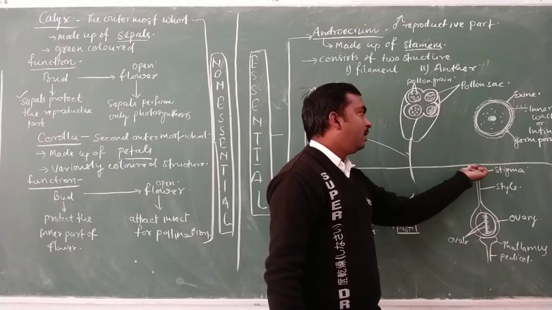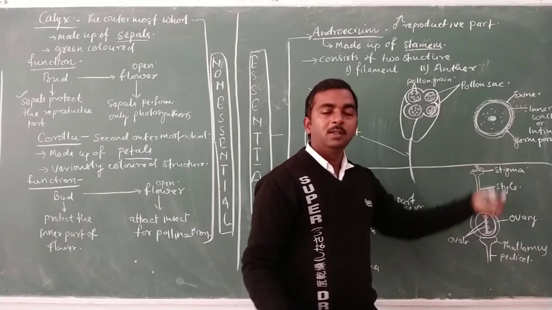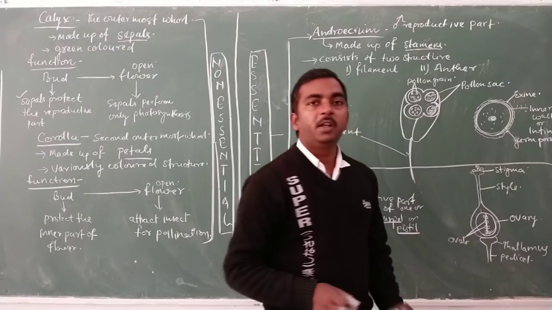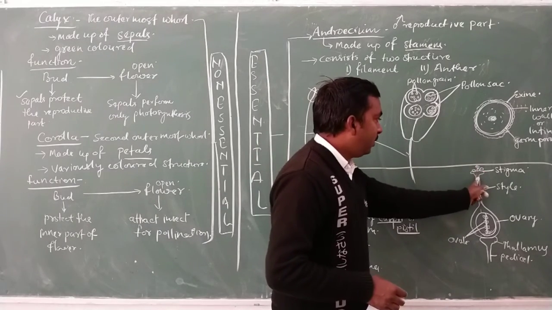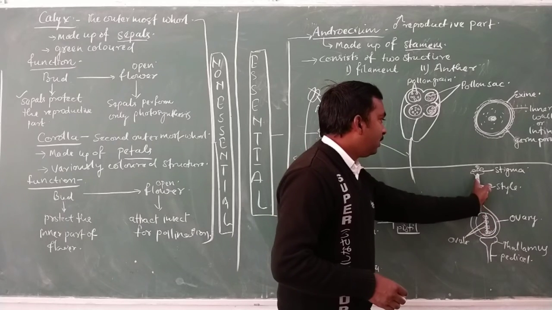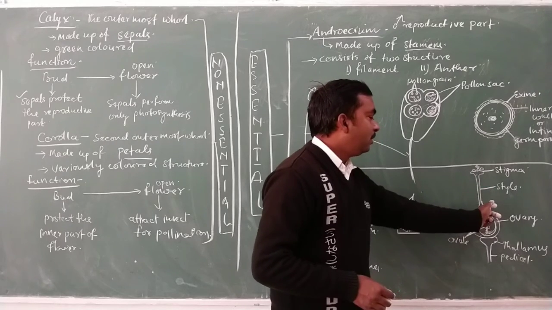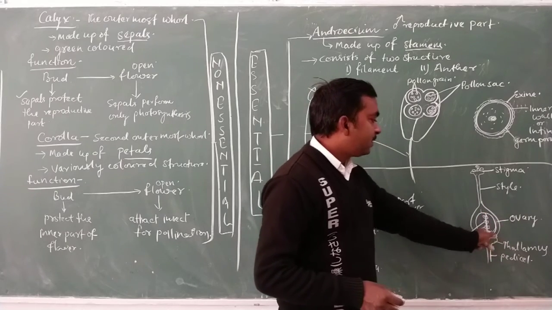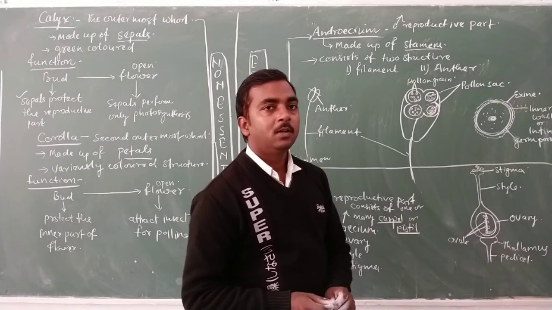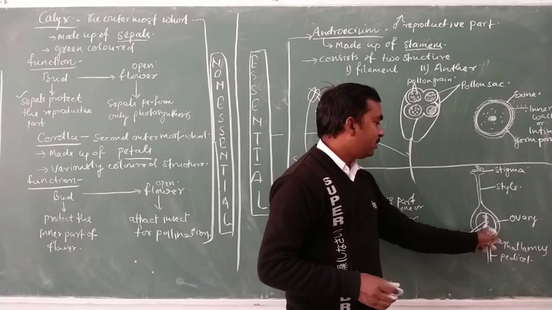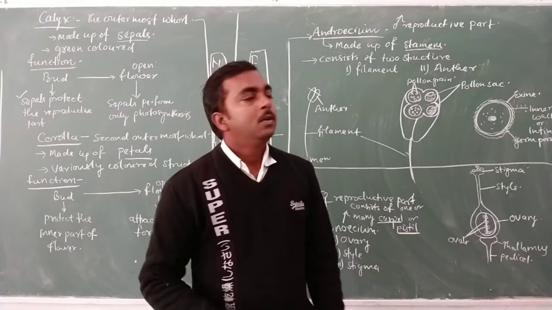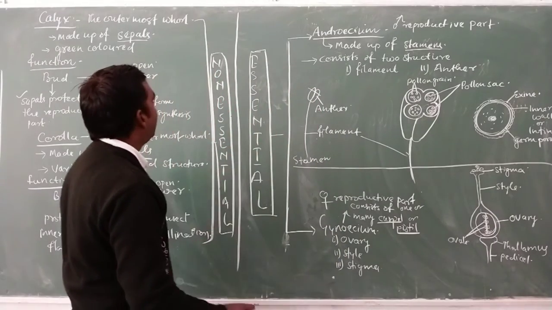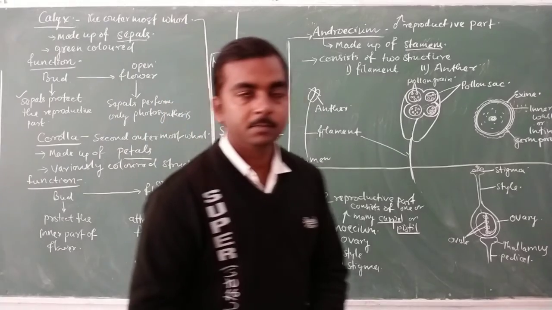So when a pollen grain falls over the stigma, it starts to germinate and makes the pollen tube. The pollen tube can enter inside the female reproductive organ through the style, and transfers the male gamete towards the ovary. So this is all about the various parts of the flower in detail, one by one.